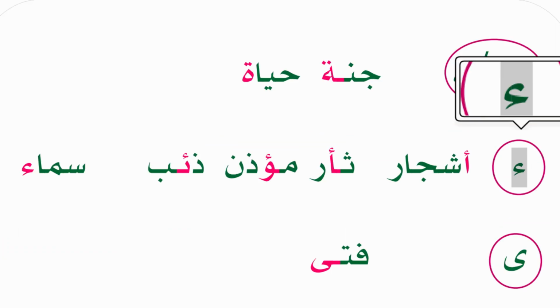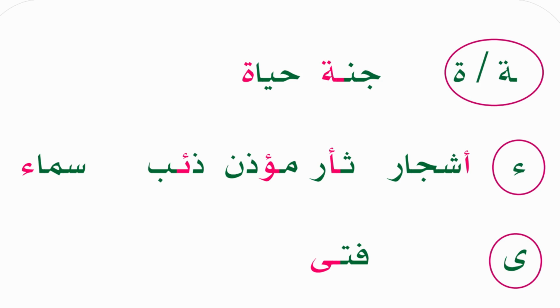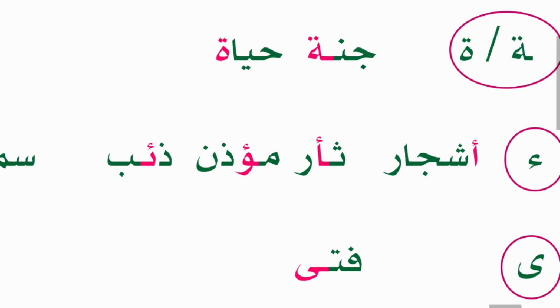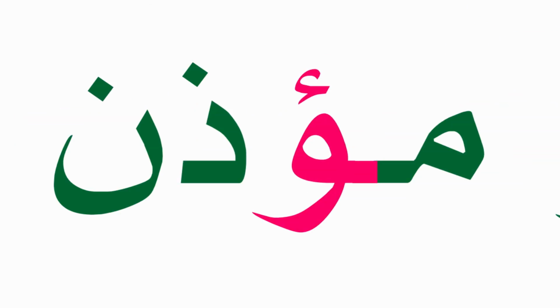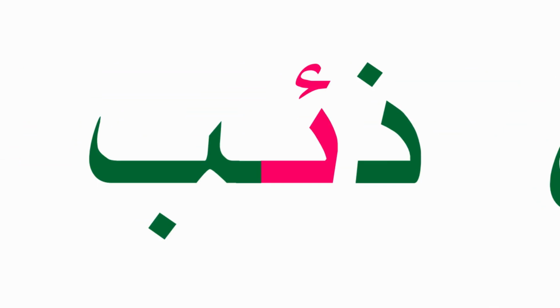Hamza is another case. It could be written on alif, like the first and second words. It could be written on waw like this. It could be written not on any letter but with a basement like this. We call it nabra.